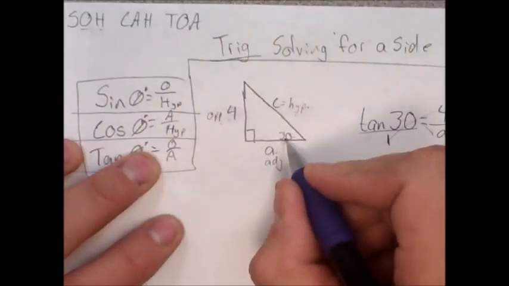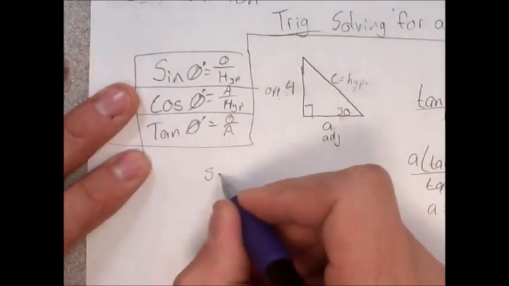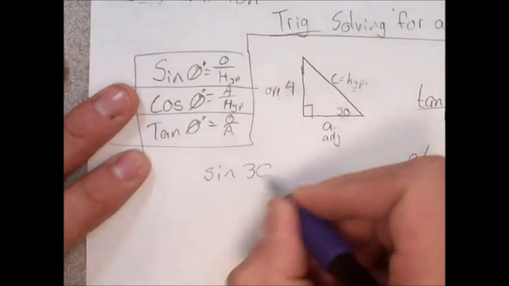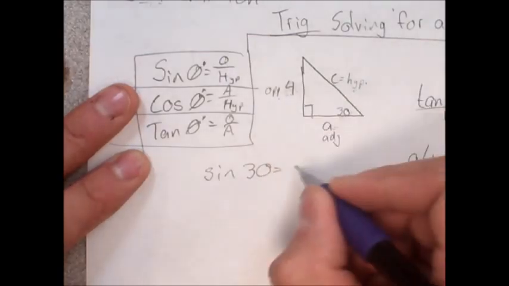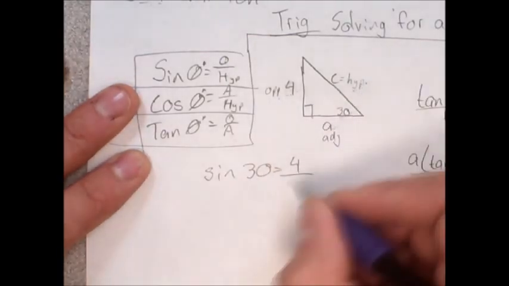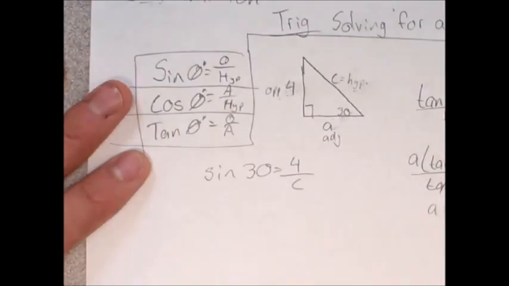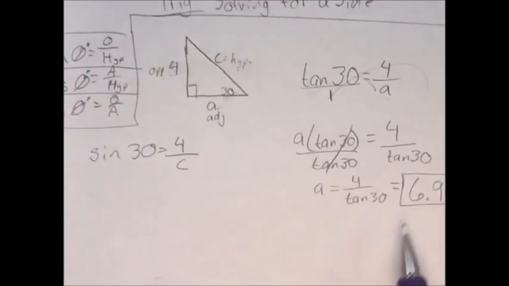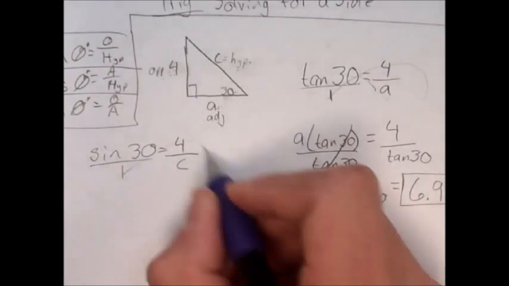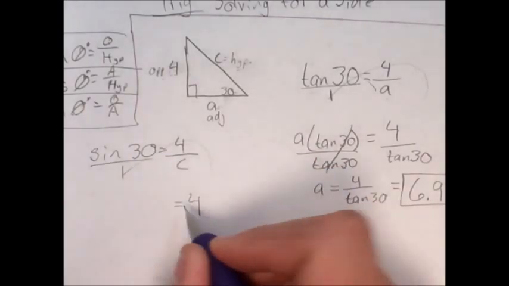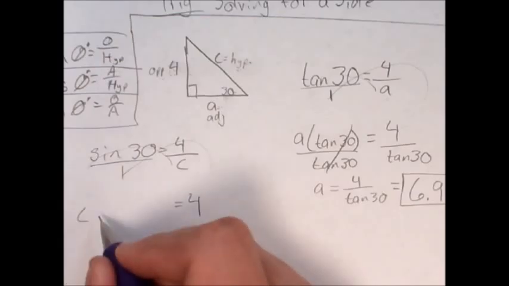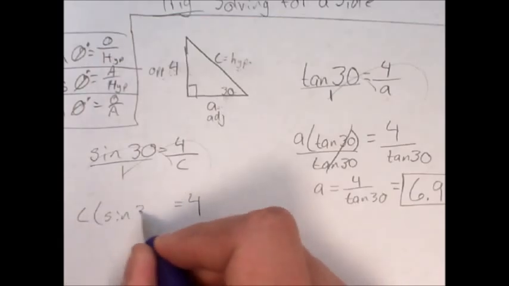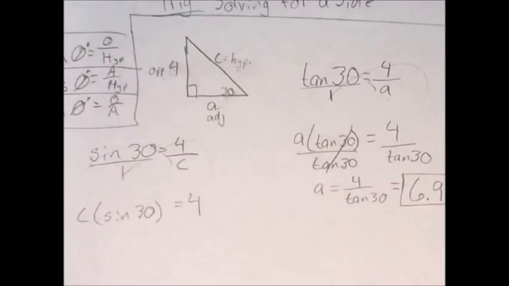Sine of 30 is going to be equal to opposite, which is 4, over hypotenuse, which is C. Now, I do basically the same thing that I did on this one right here. So I'm going to put it over 1, cross multiply, 4 on that side, and then C multiplied by sine of 30. How am I going to get rid of sine of 30?